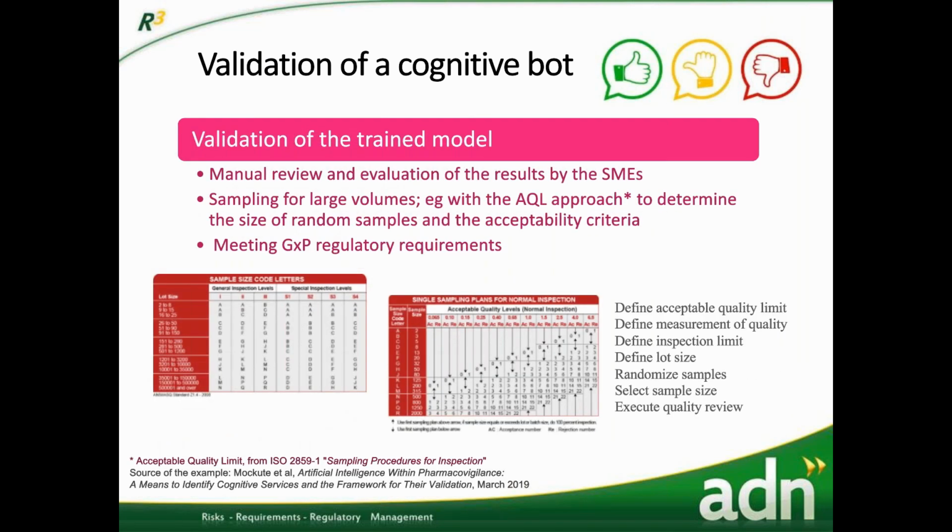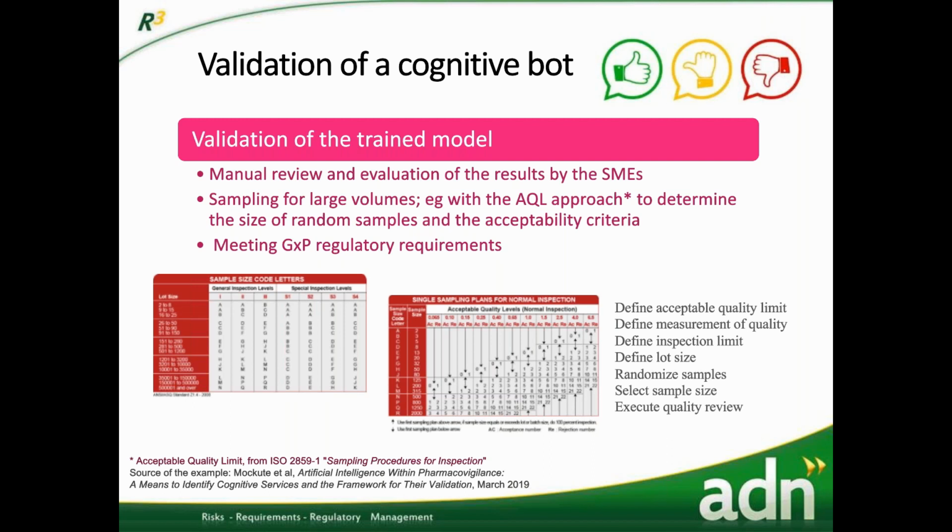And for the validation of the model, for some kind of data that is in very large quantity, we cannot check every test data, so for the manual review and evaluation of the results during the validation by a subject matter expert, we can use some sampling approach for large volume, like the acceptance quality limit that is used for inspection in production.